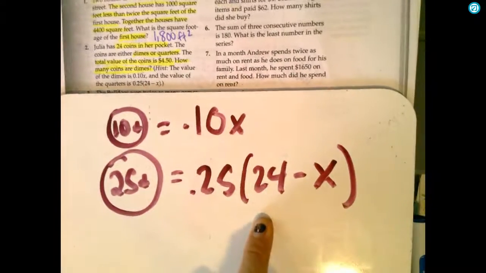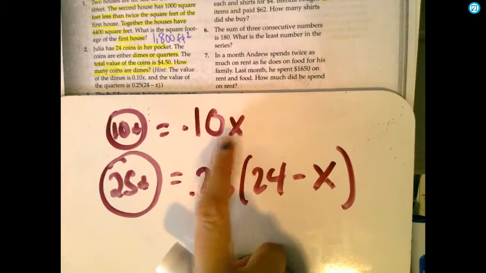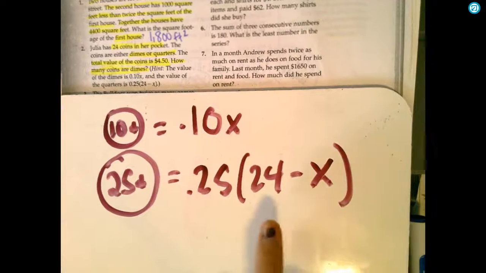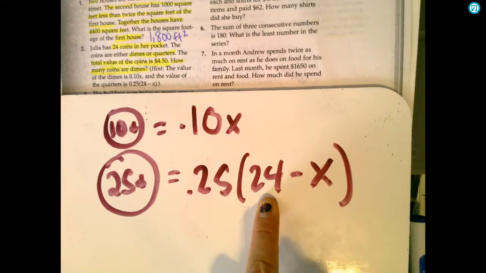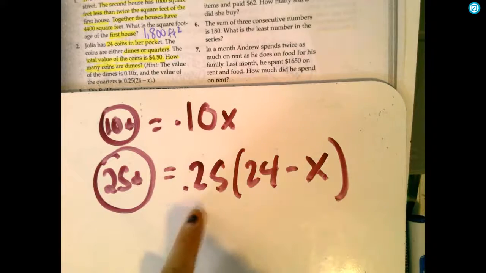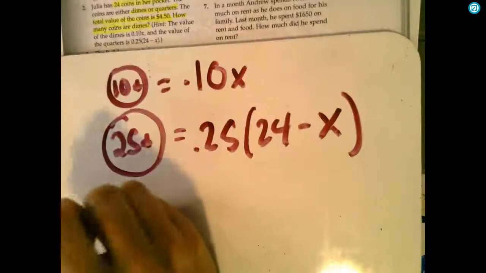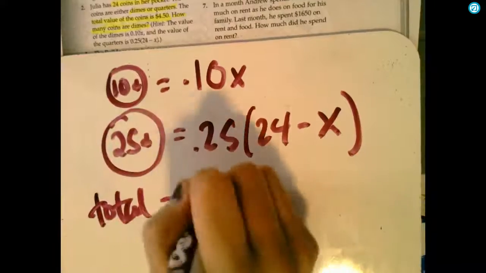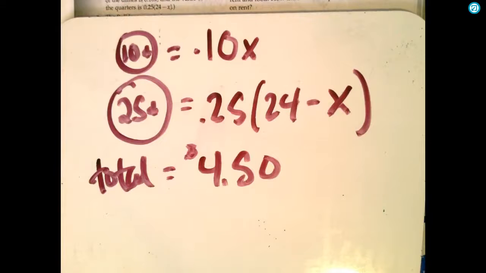Because we know she has a total of 24 coins, but however many dimes she has, if we subtract however many dimes she has, that will be how many quarters she has. So if she has 24 altogether, 24 minus the amount of dimes will be the amount of quarters. And altogether, she's going to have $4.50. So the total, $4.50.